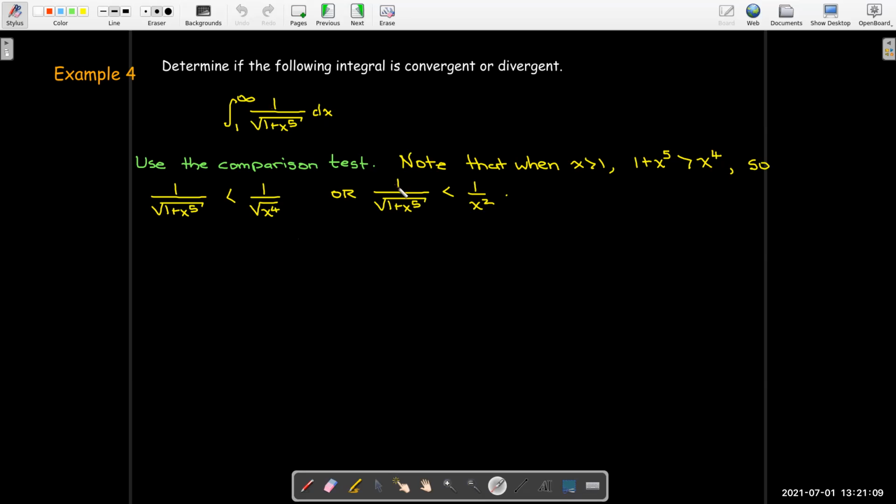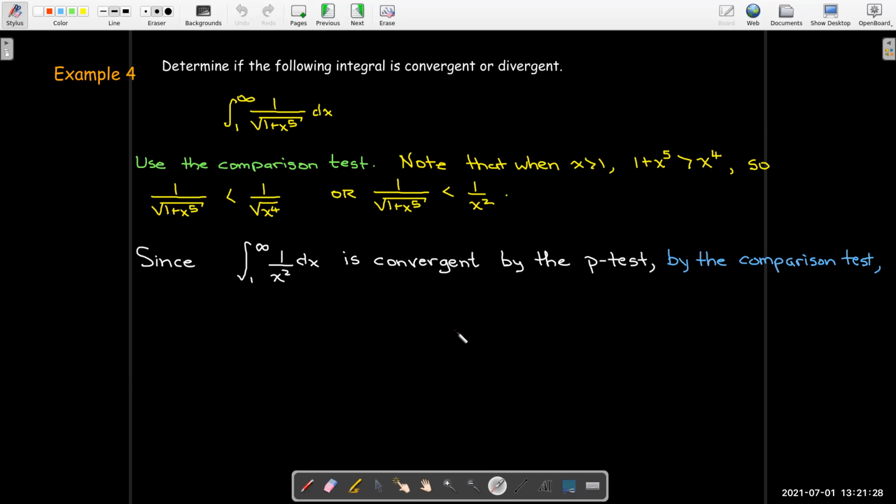And that tells me that my integrand is smaller than 1 over x squared. And by the p-test, we know that the infinite integral from 1 to infinity of 1 over x squared dx is convergent. So now we can apply the comparison test to our original integral and say that it is also convergent.